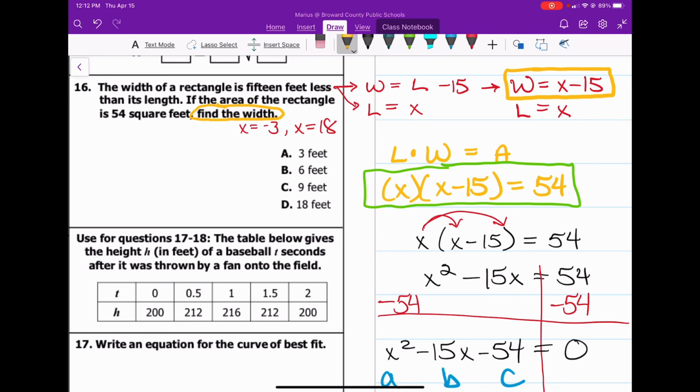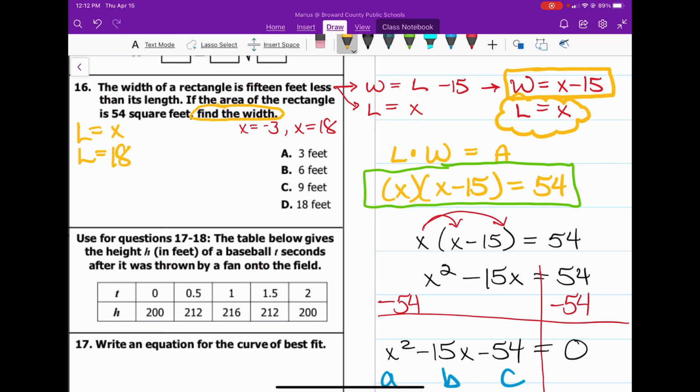This is the equation for the width, and the one I'm putting in the little popcorn circle is the equation for the length. The length was equal to x, so that means that length is equal to 18. Before we go further, let's discuss why we're using the positive 18 and not the negative 3.